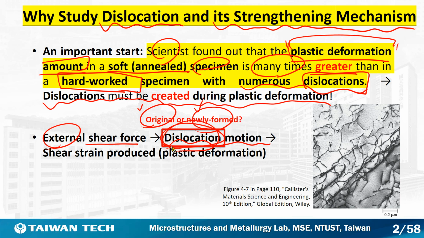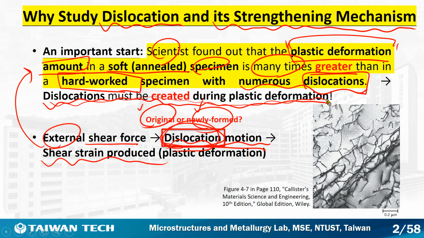And when dislocations move during external force, it will produce shear strength. So we will have this plastic deformation amount. And what we said here, dislocations must be created during plastic deformations. The reason for this is the plastic deformation amount in metals is very large.